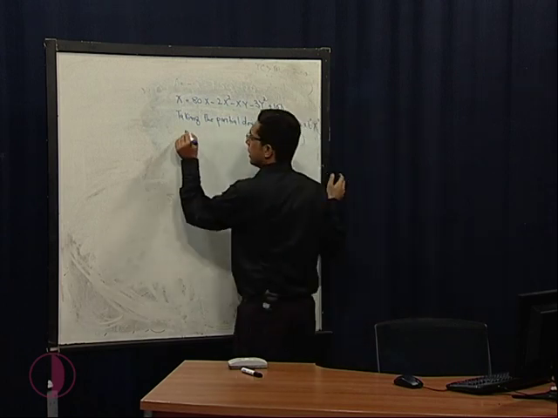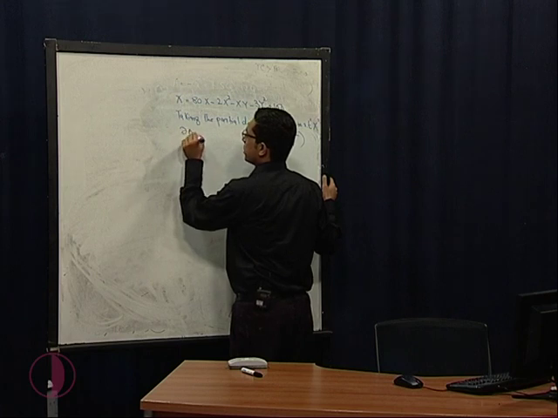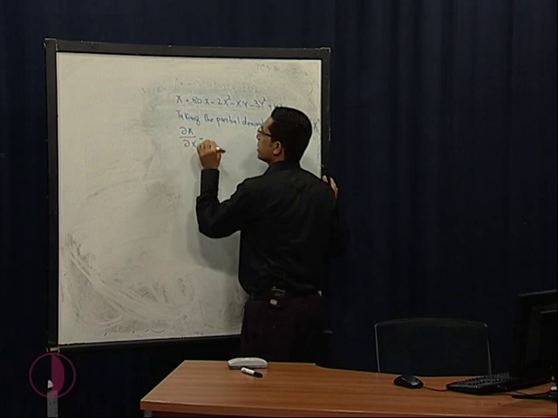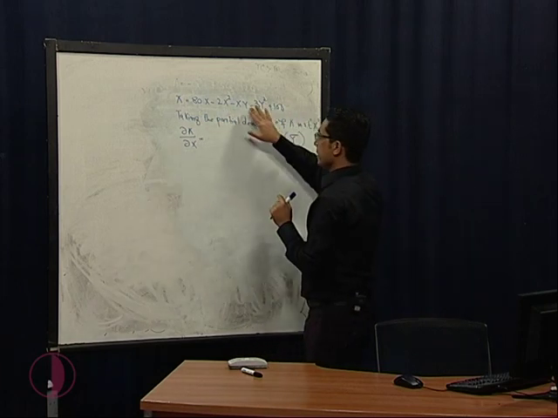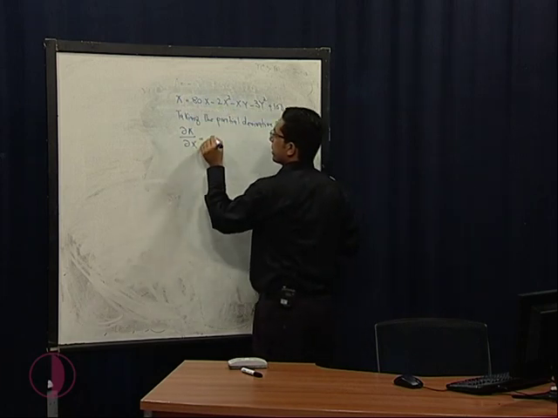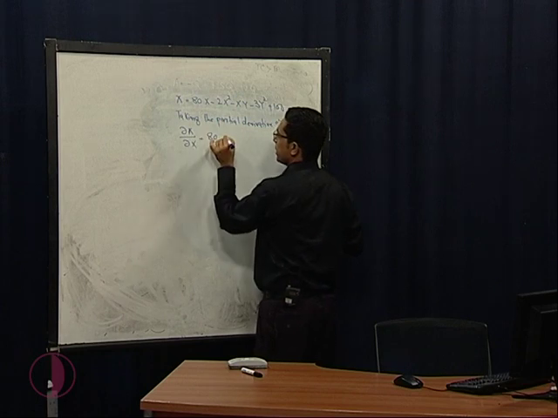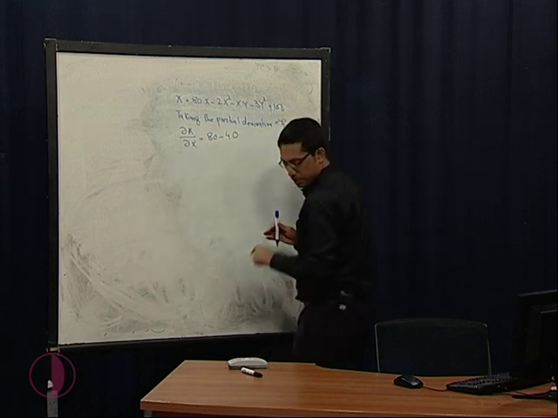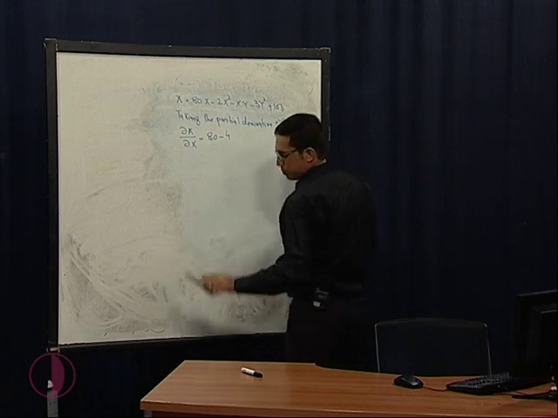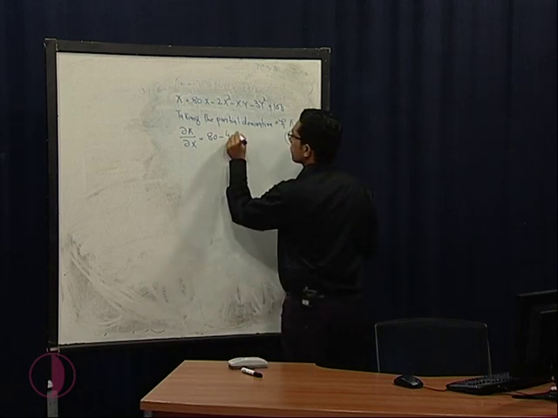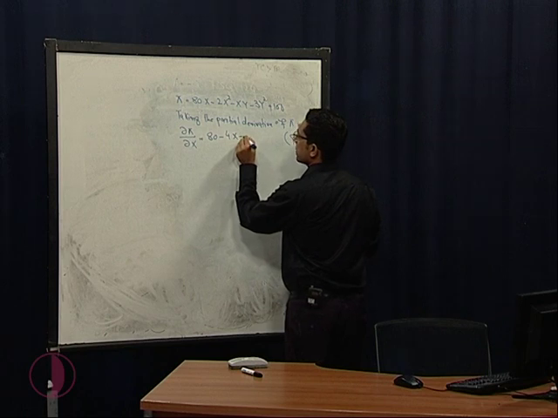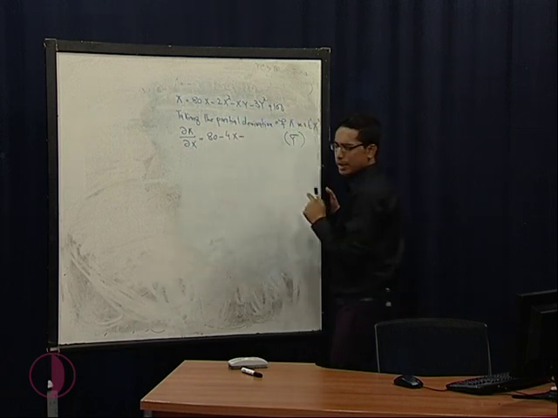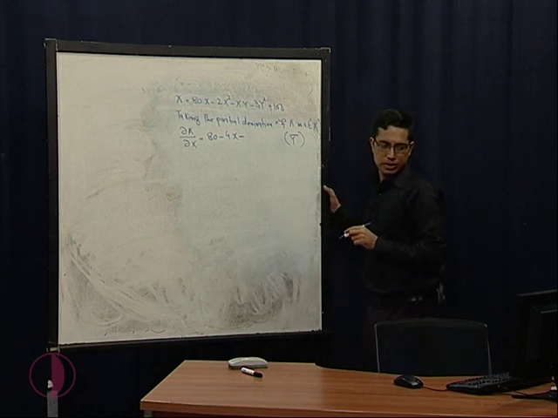So, this will be the notation: change in profit, change in X. It means that Y will remain constant with respect to X. This is equal to 80 minus 4x, minus Y, since Y is constant in this expression.